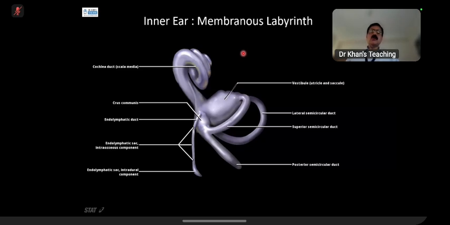The terminology is there is a bony labyrinth and there is a membranous labyrinth. The bony labyrinth is very well seen on a CT scan, and anything which has got fluid inside is the membranous labyrinth, which is seen on MR. So we are not going to go into the details of the endolymphatic duct or perilymphatic duct and endolymphatic sac, etc.